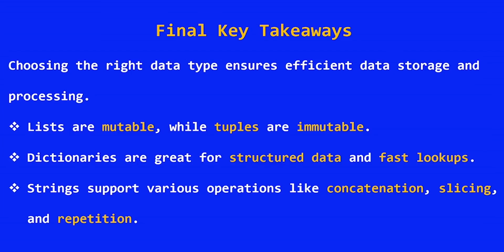So the final key takeaways from what we've learned so far. Choosing the right data type ensures efficient data storage and processing. Lists are mutable while tuples are immutable. Dictionaries are great for structured data and fast lookups. And I said previously that a fast lookup is like looking at something in relation to a pair, like a student linked to a student ID, and a student ID is always unique.